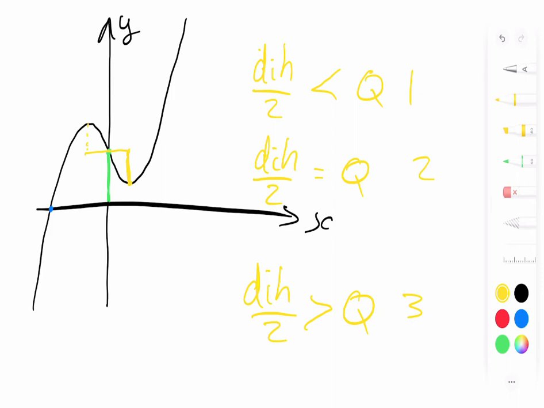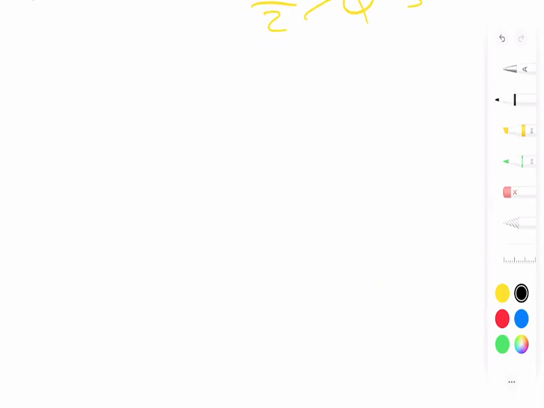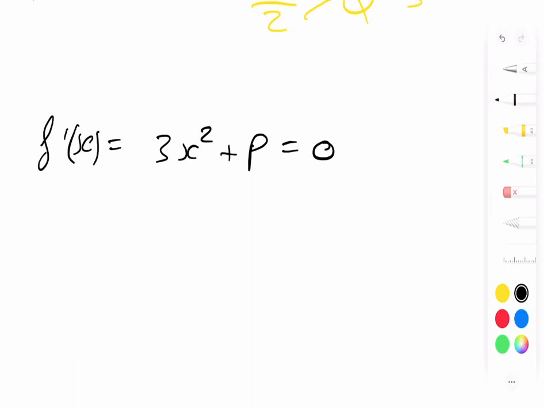Now for the algebra. So we know that f'(x) is equal to 3x² + p. And we know that when f'(x) is equal to 0, that's where the x values of our maximum and our minimum are. So we're going to put that equal to 0 and we're going to solve.